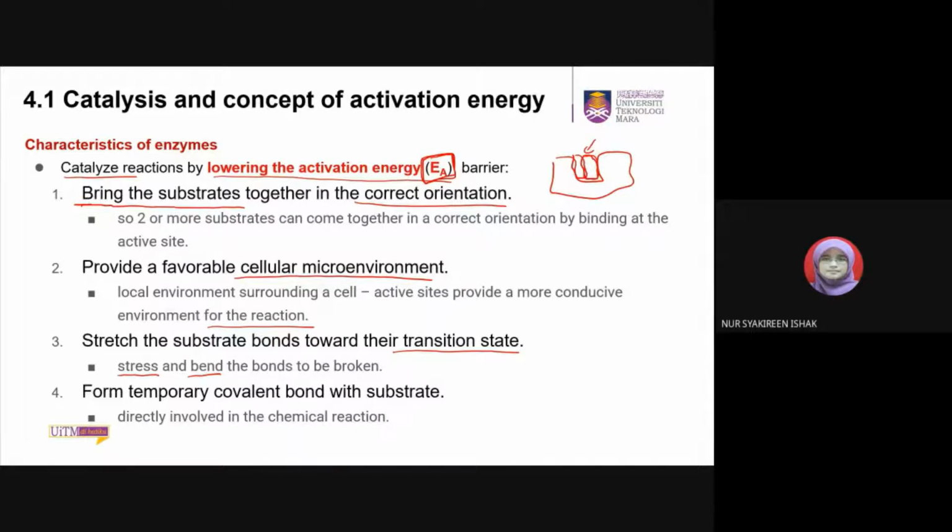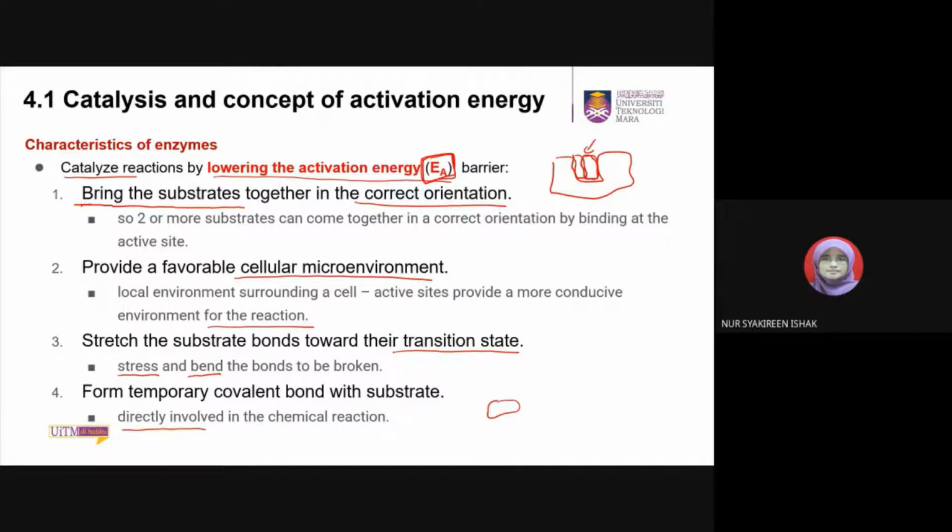Number 4, form temporary covalent bond with the substrate, which is directly involved in the chemical reaction. So the enzyme, by having the cofactor, for example, this cofactor within the enzyme can directly get involved in the reaction. So for example, if the substrate needs to break a bond, it involves the transfer of electrons from one substrate to another substrate.